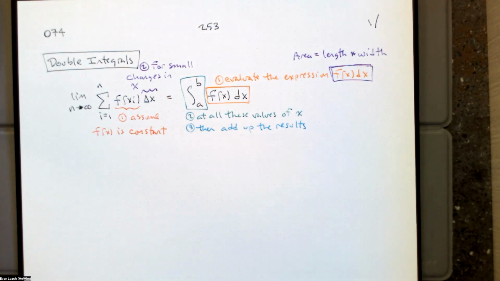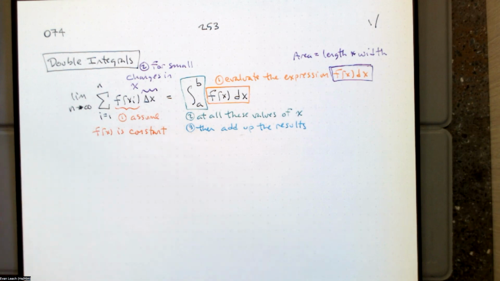Once we make f of x constant for small changes in x, we can calculate area is equal to length times width. And since we're doing this for small changes in x a bunch of times, we can add up the values.